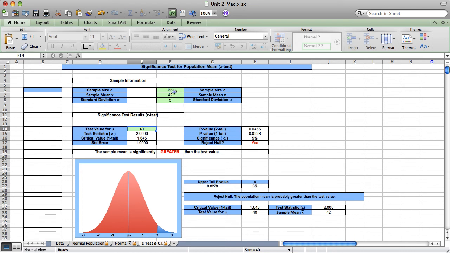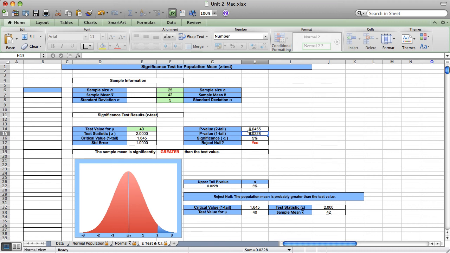42, my sample mean, ends up being 2 full standard errors of the mean above 40. On a normal curve, being 2 standard errors above the mean is pretty far. In fact, the upper tailed p-value here is 0.0228.